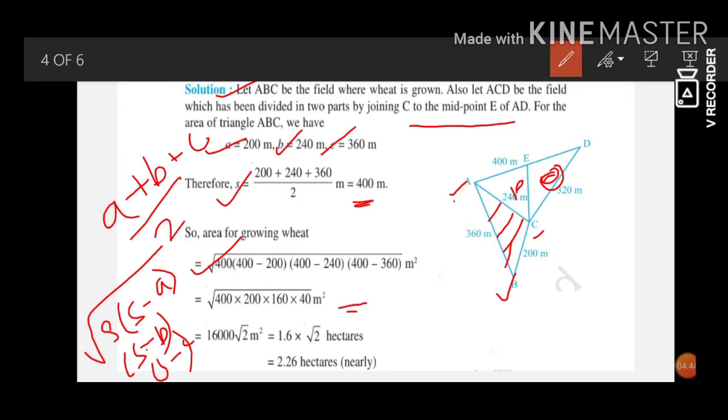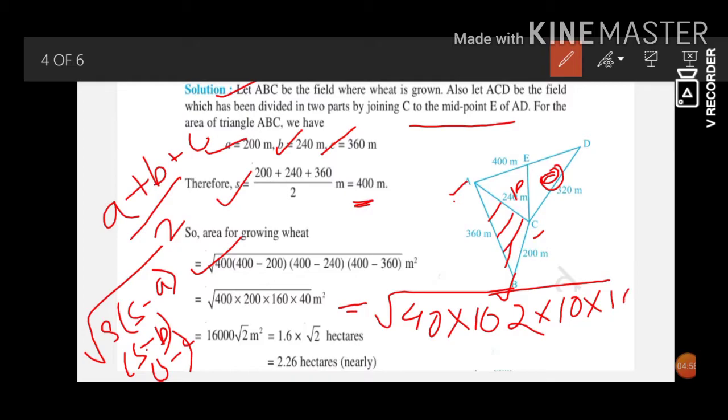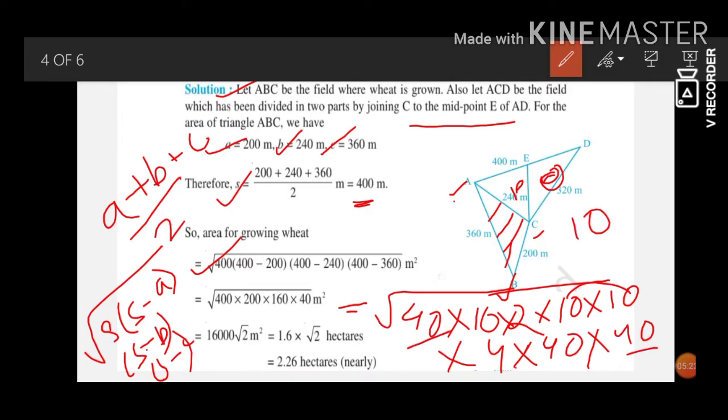So if we break this up, 400 is 40 into 10, 200 is 2 into 10 into 10, 160 is 4 into 40, and again we have 40. So 10 comes out, 40 and 40 come out.